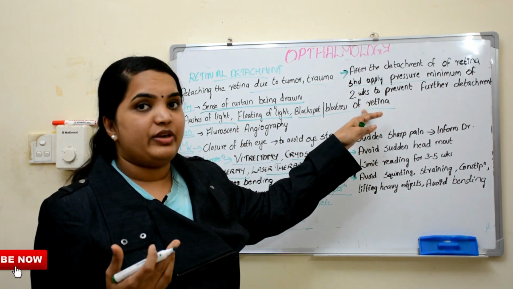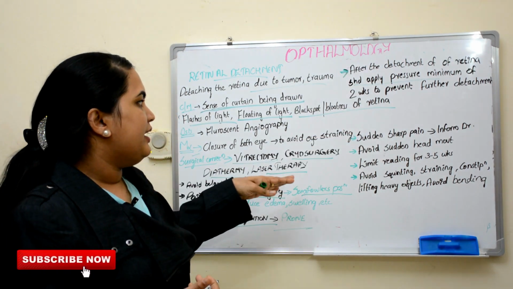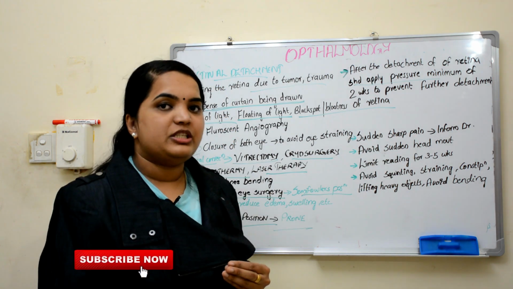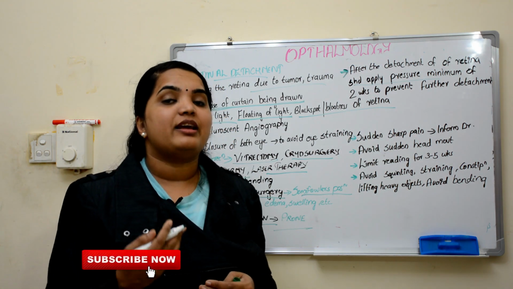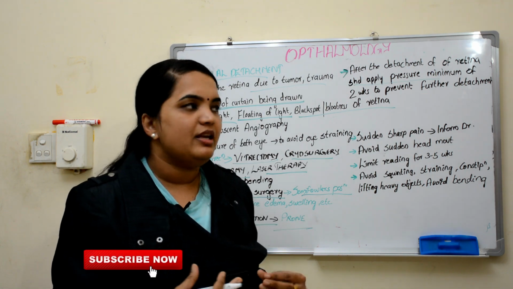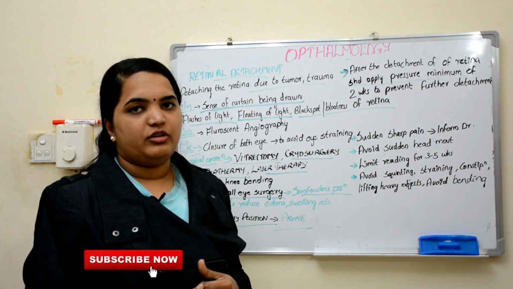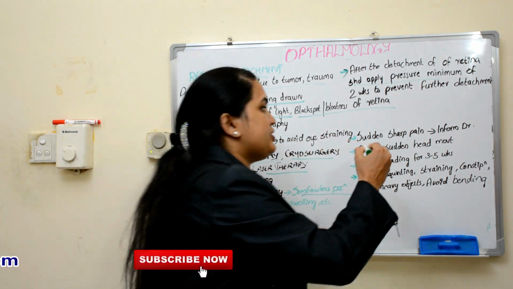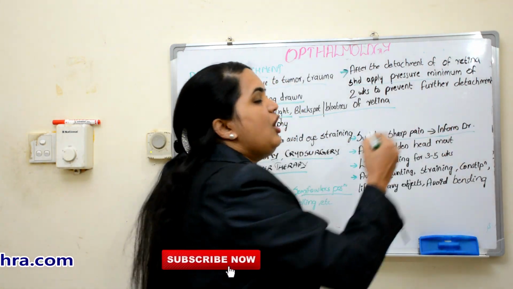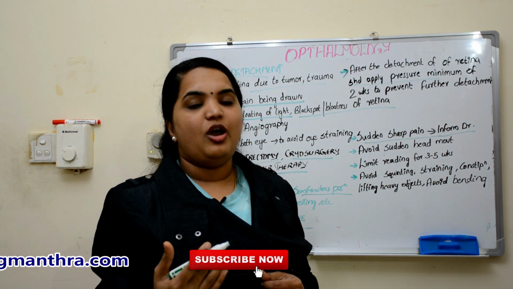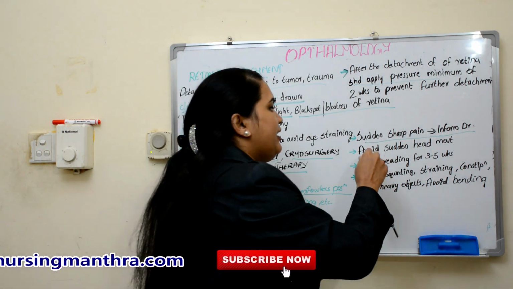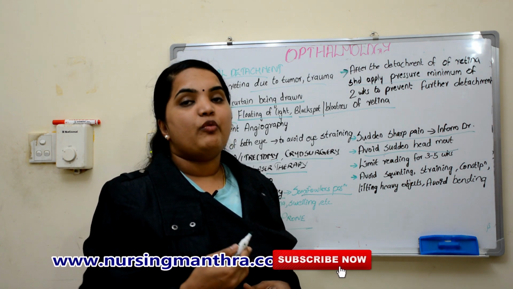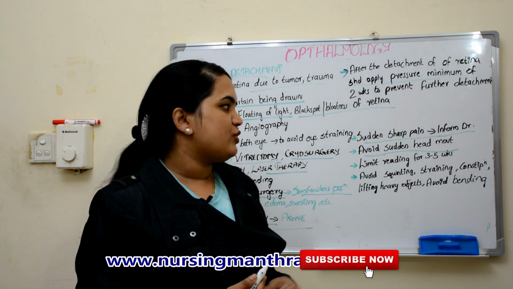At least for 2 weeks we have to provide this. And post-operatively, if the patient complains of sudden sharp pain, we have to inform the doctor. So in the case of retinal detachment, if the patient complains of sudden sharp pain, what is your role as a nurse? You have to inform the doctor and ask the patient to avoid sudden head movement. Okay, avoid sudden head movement; that is also important.